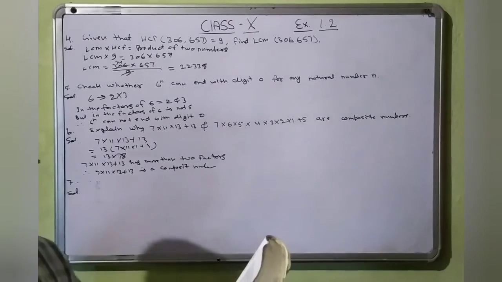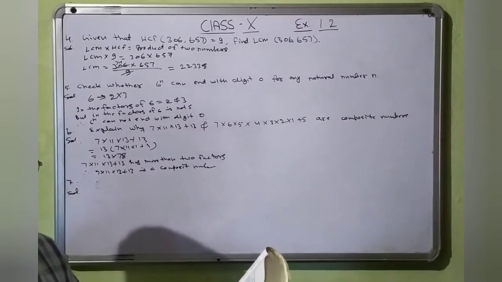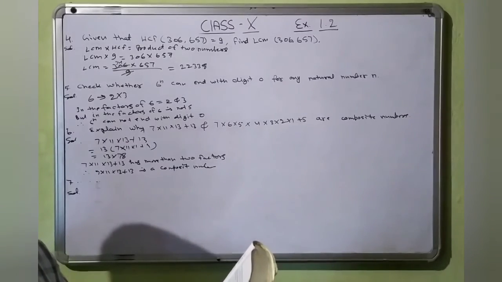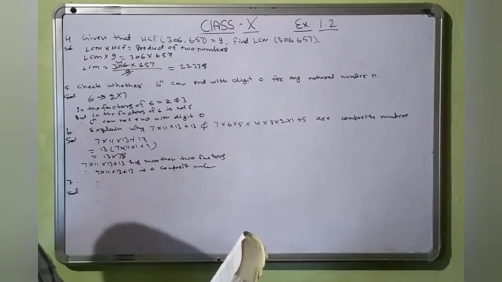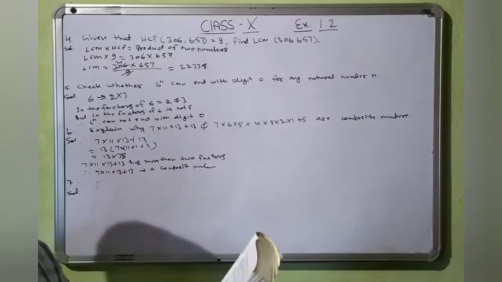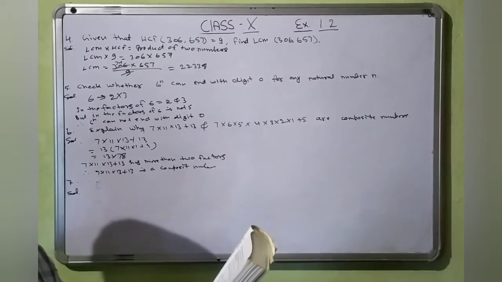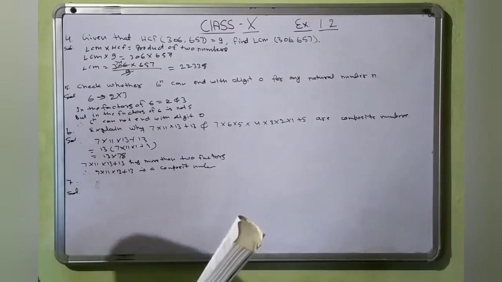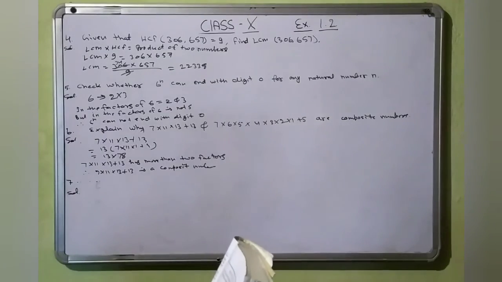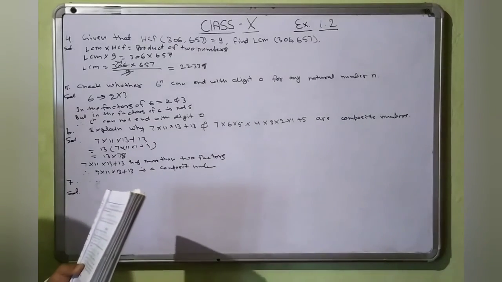Suppose they both start at the same point and at the same time and go in the same direction. After how much time will they meet again at the starting point? Sonia takes 18 minutes and Ravi takes 12 minutes.